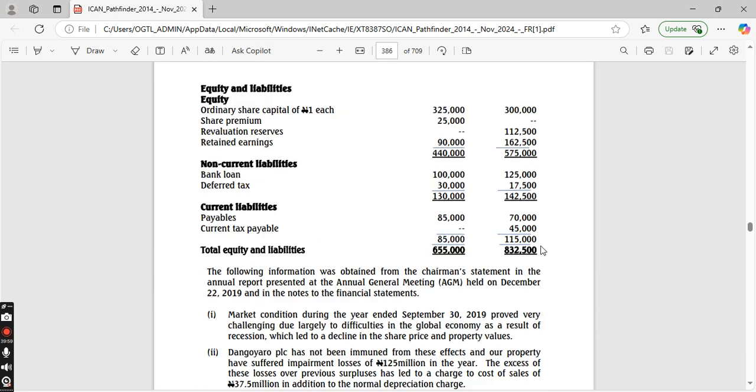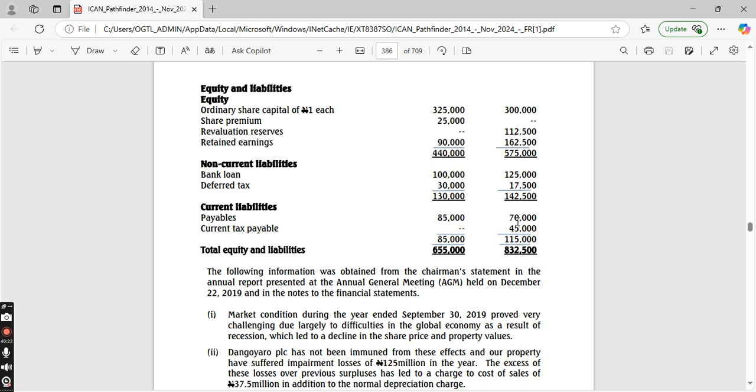Now let's go to our current liabilities. So we have payables. Our payables have increased. Because payables increased, cash increased.